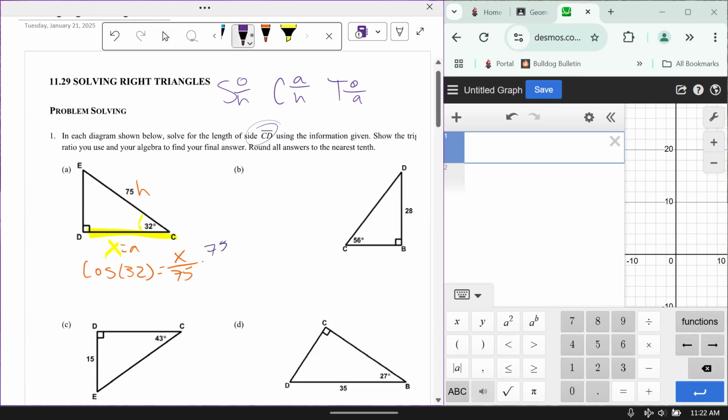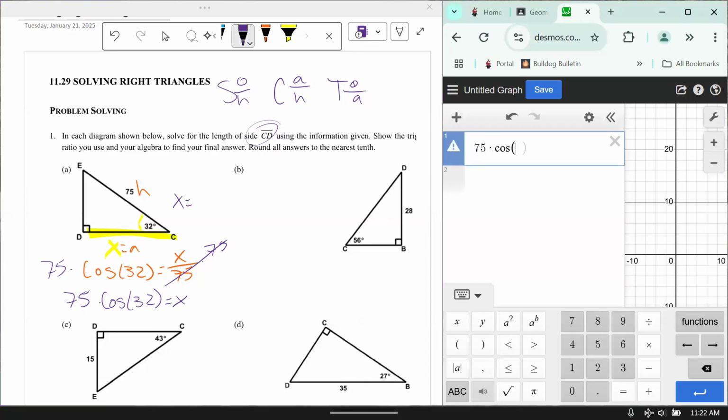Multiply out your 75, and you get, rewrite it, 75 times cosine of 32 equals x. So we would get x equals 75 times cosine of 32.